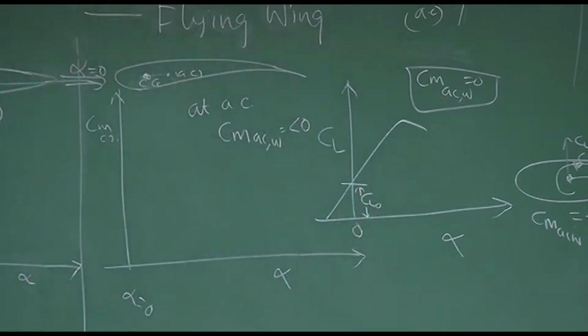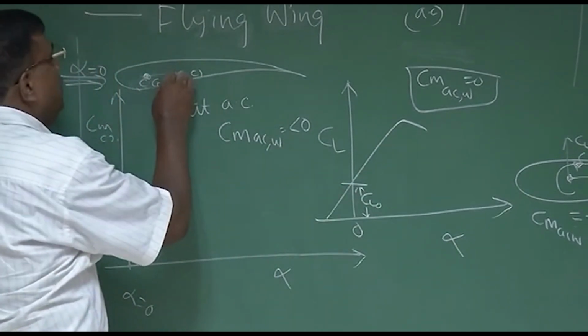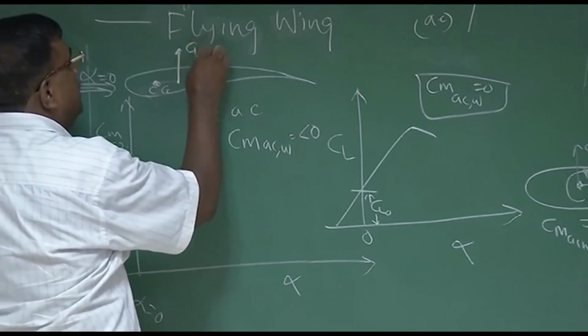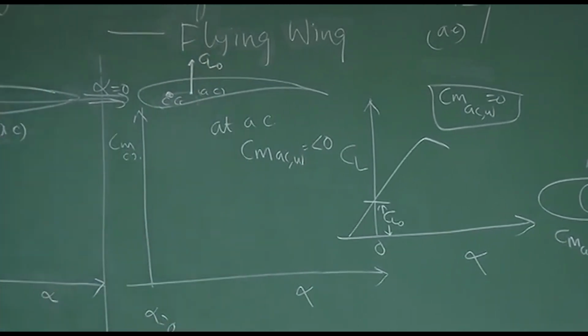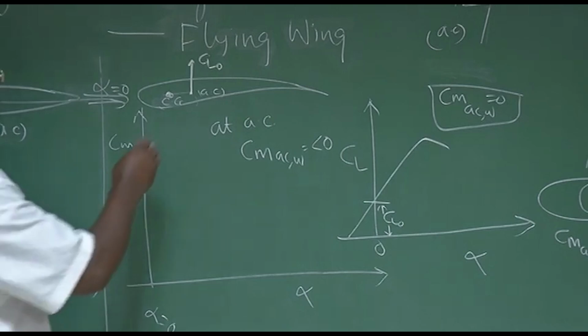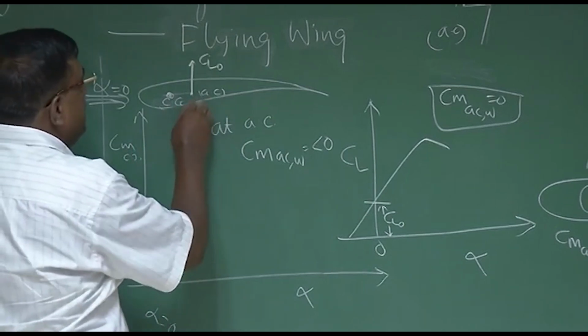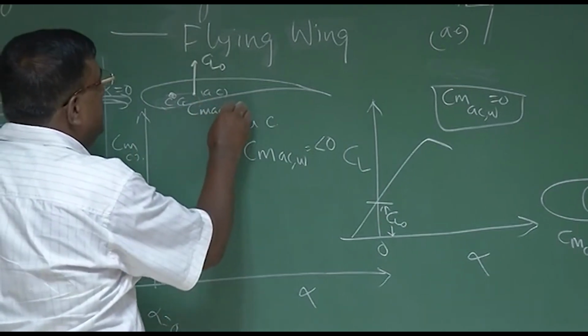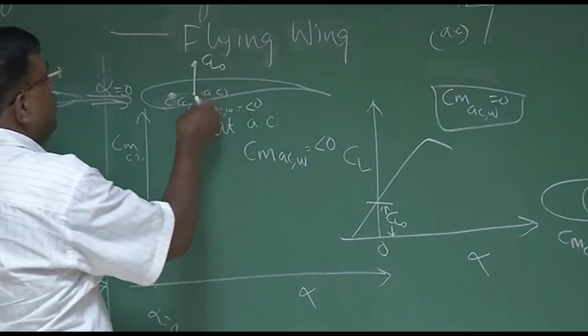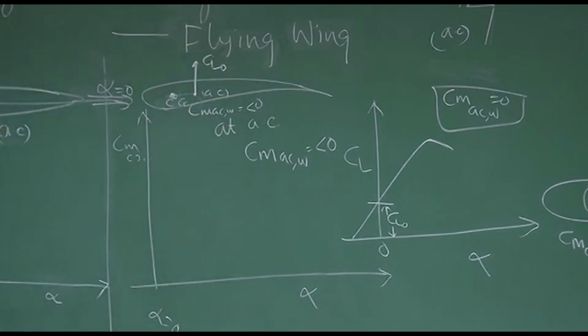So what is happening now? If flow is coming such that alpha is 0, this much CL naught will act at AC. No issues? Over and above, there is a CMAC wing which is negative. So overall moment about the CG at alpha equal to 0 will become more negative.